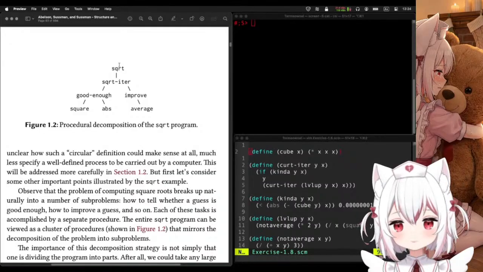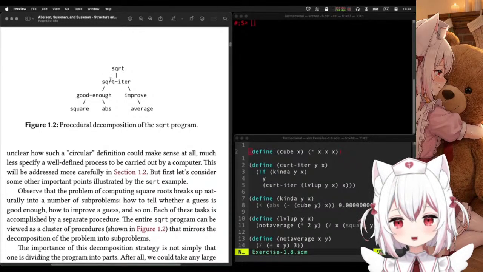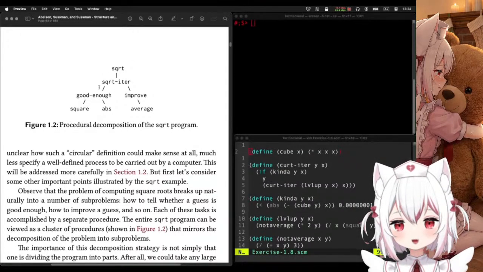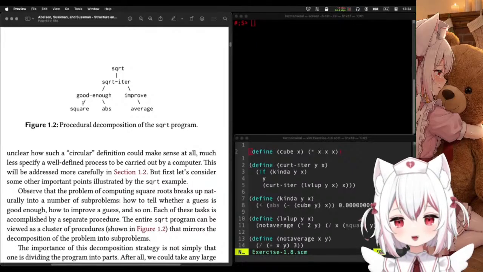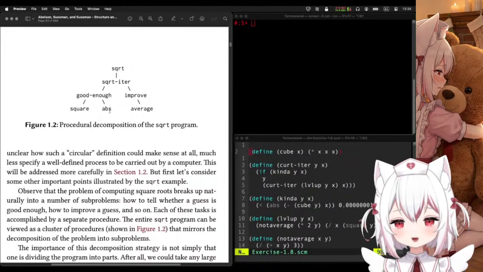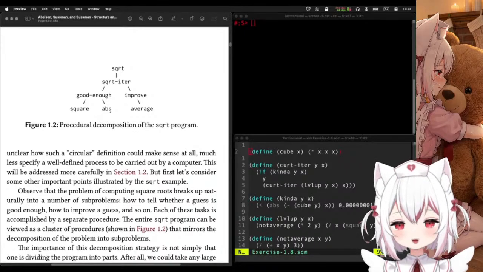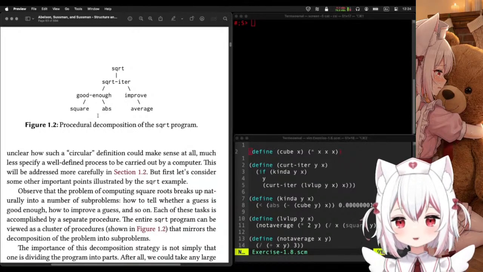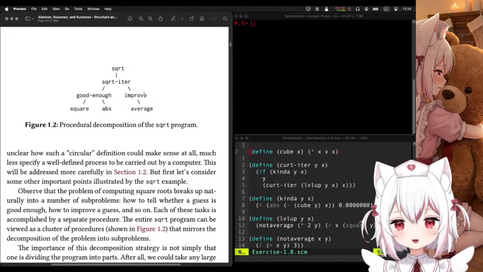We have the square root, and then we have the iterator, and then there's good enough that involves these procedures, square and absolute, and then if the guess is not good enough, there's improve that uses average.